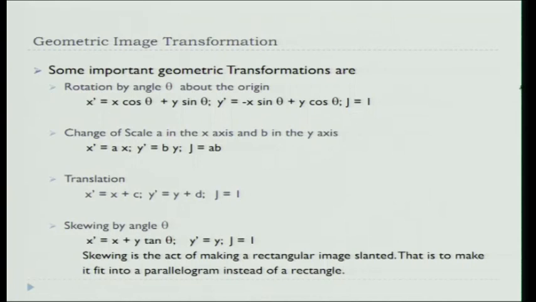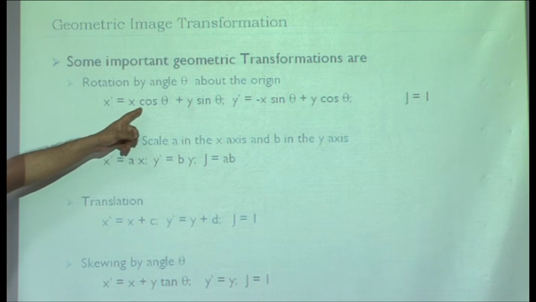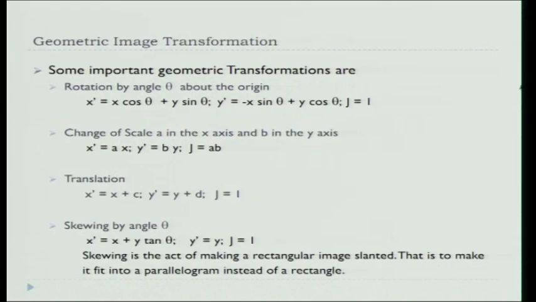So these are well known geometric transformations. First one is that I want to rotate the image by an angle theta. So x dash equals x cos theta plus y sin theta, and y dash equals minus x sin theta plus y cos theta. And if you see, the determinant value J becomes 1.